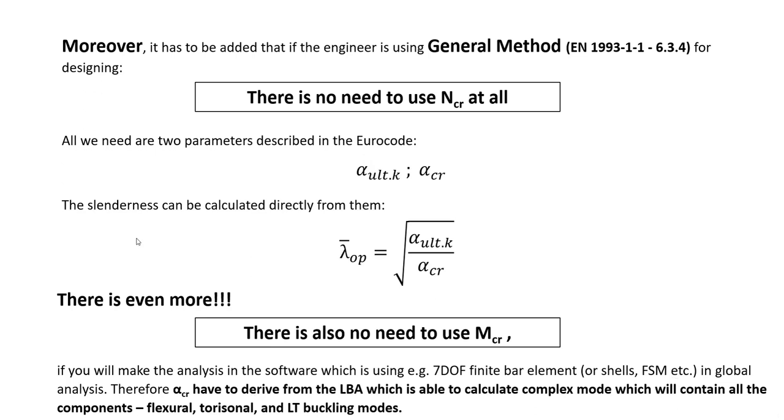Therefore, the alpha critical will contain all the global buckling modes, flexural, torsional, and lateral torsional buckling, or a complex one. And then the alpha critical is reliable and can be used for obtaining the slenderness.